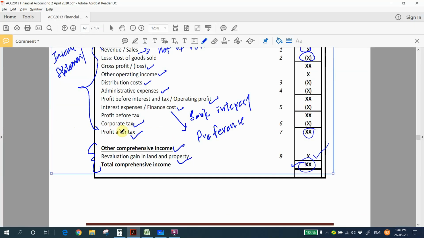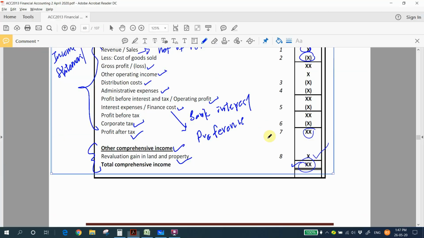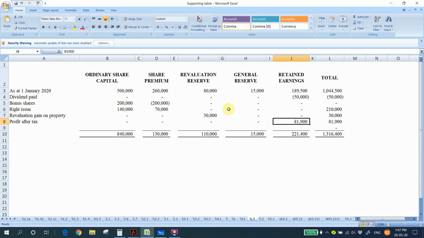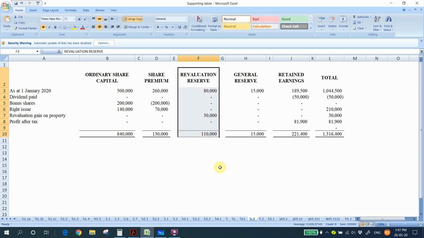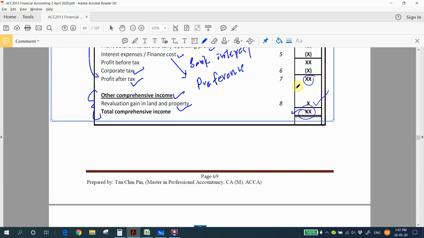I repeat, we only extract profit after tax for retained earnings rather than using the total comprehensive income, because this revaluation gain on the land and property has been separately recorded under the revaluation reserve. If you record the full amount, the total comprehensive income, it means that you have double recorded the entry. Take note of this.